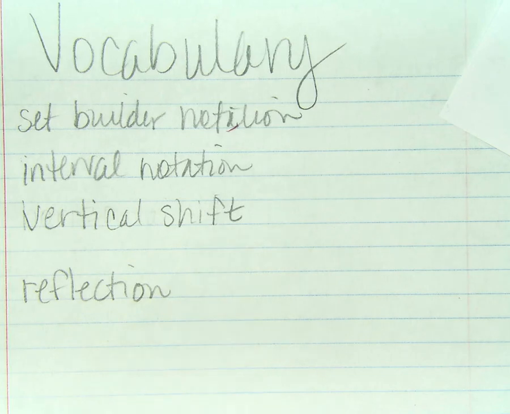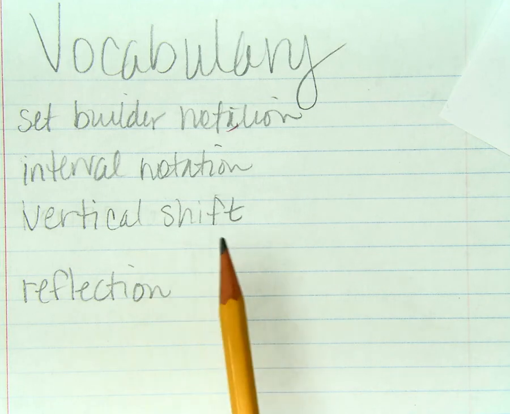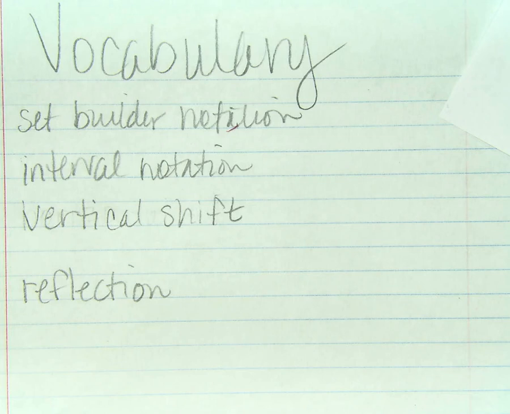But when we start talking about horizontal shifts, that's just very strange. Very strange. So let's really remember our F's. Work on that. It's important. So we're talking about a vertical shift and a reflection today. All right?